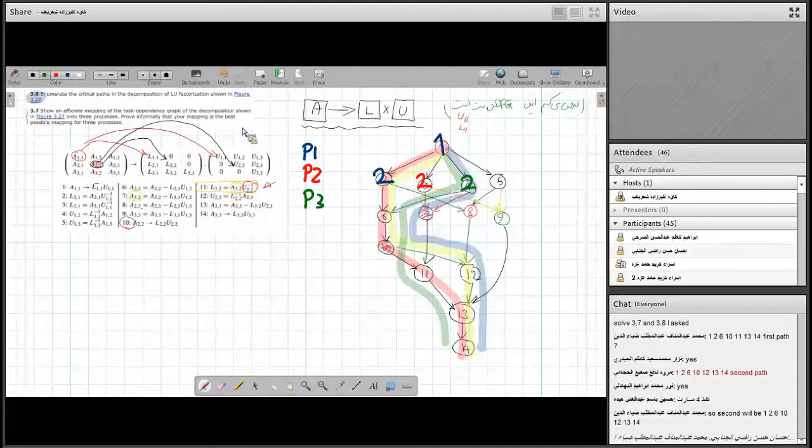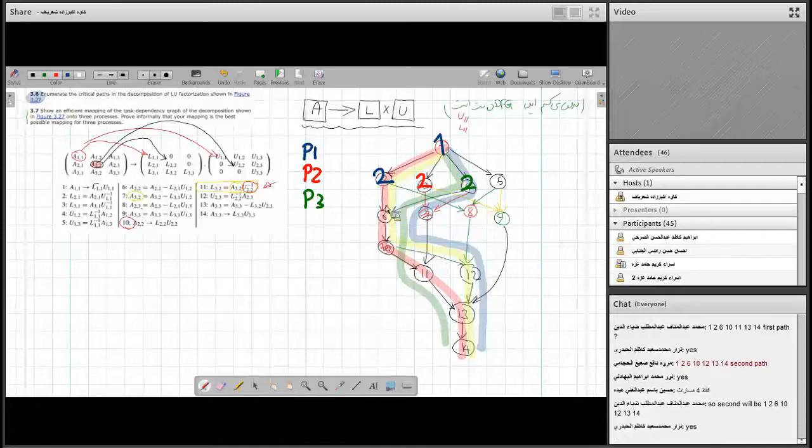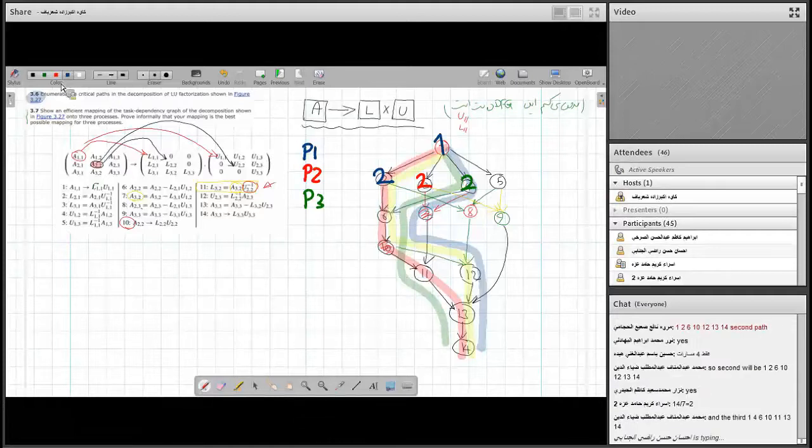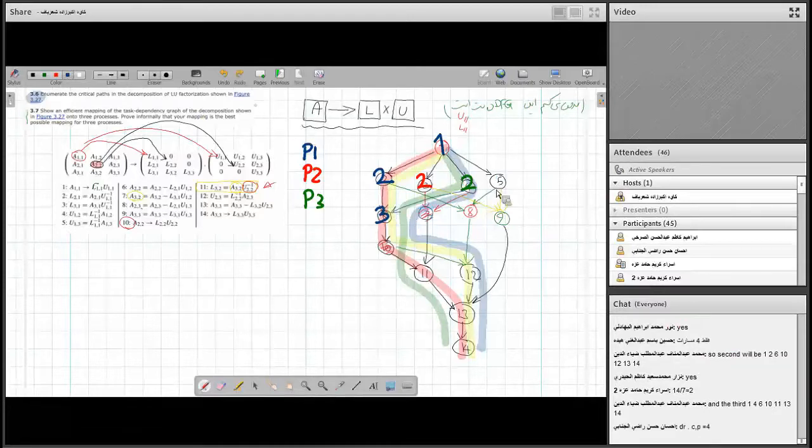Next, this process and this process and this process. Sorry, color code.